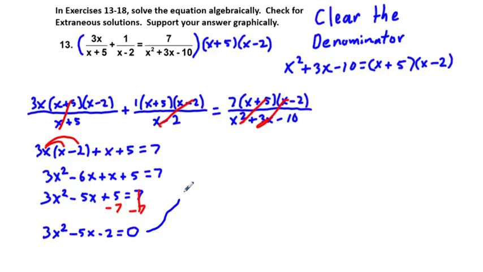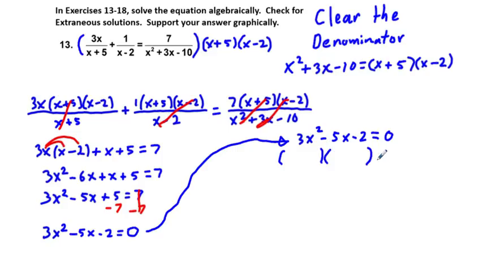And now we're going to bring this here to the upper right, give ourselves some room to work with. So we have, again, 3x squared minus 5x minus 2 is equal to 0. And we're going to find the linear factors, we hope, of this 3x squared minus 5x minus 2. And to do that, well, factors of 3x squared are going to be 3x and x. And then we're going to have minus 2.